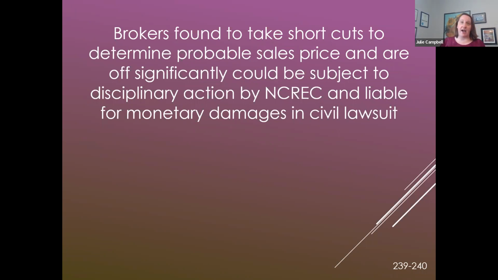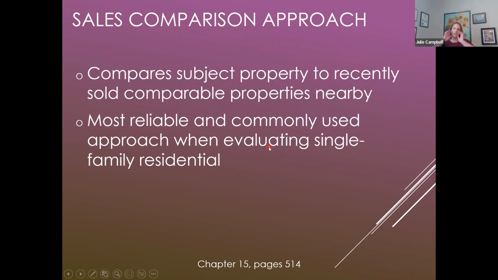So the first approach to value that the appraiser takes is called the sales comparison approach. The sales comparison approach that the appraiser uses is the closest thing to our CMA. The theory behind the sales comparison approach is that the probable selling price of the subject property can be found by studying recently sold closed comps nearby.